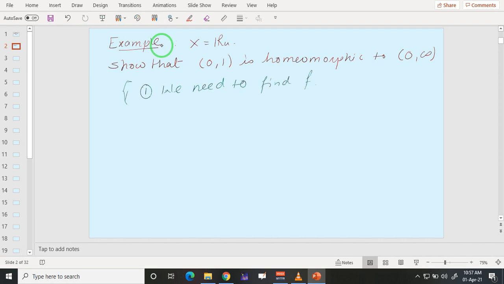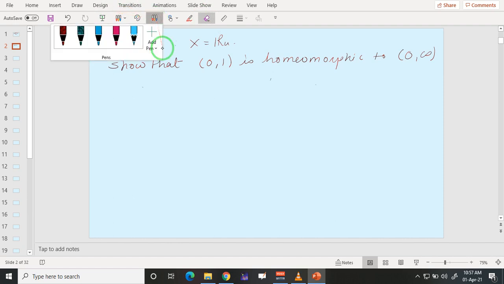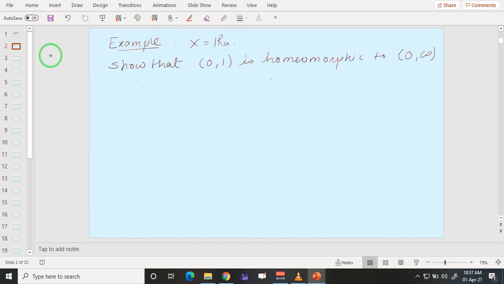Once we have the function f, it should be such that f is a one-one onto function. It should be a continuous function, and the inverse of that should again be a continuous function. So we need to define a function first. If you have a function, then we can talk about the continuity, but if you don't have the function, the continuity will be out of the question.